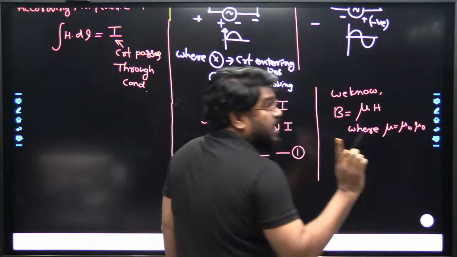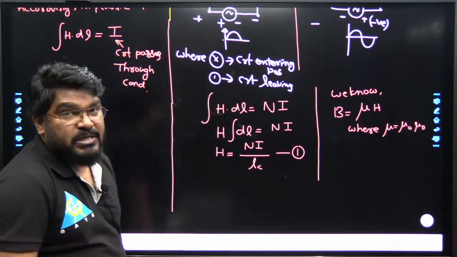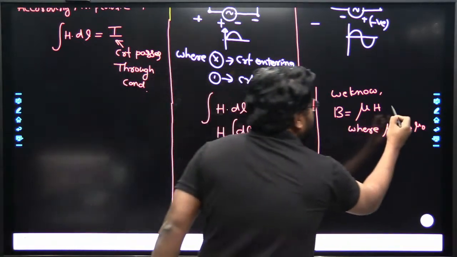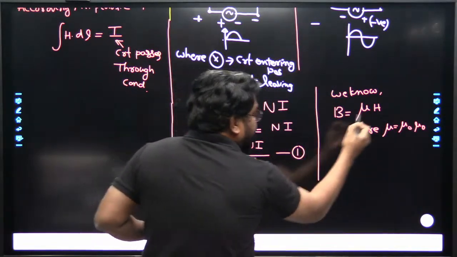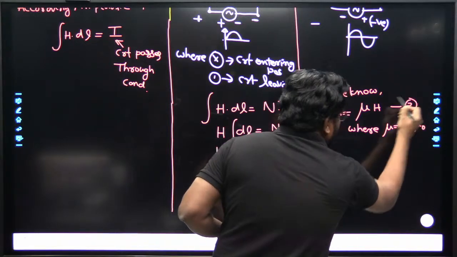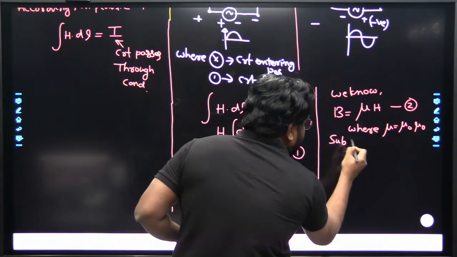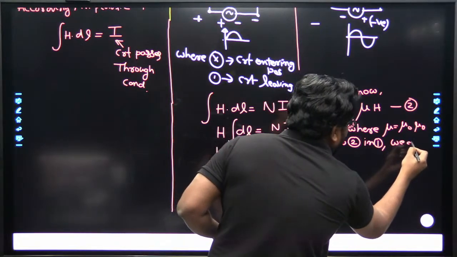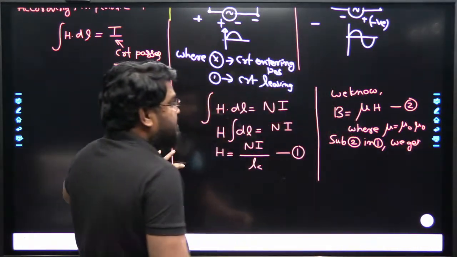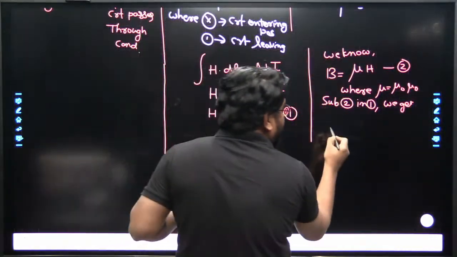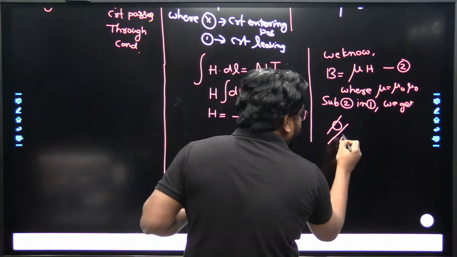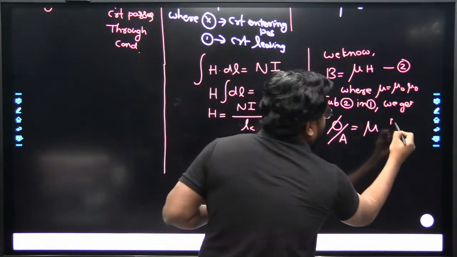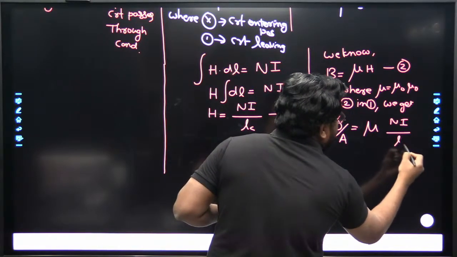The value of mu naught is 4 pi into 10 to the power of minus 7. Let us call this equation 2. Substituting equation 2 in equation 1, we can write flux density B as flux by area, equal to the permeability times N I divided by the length of the core.